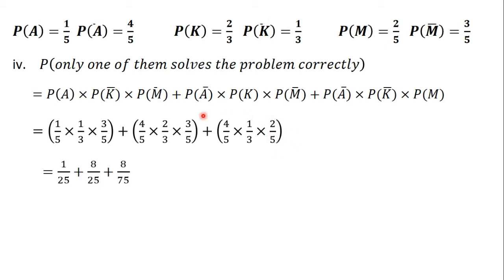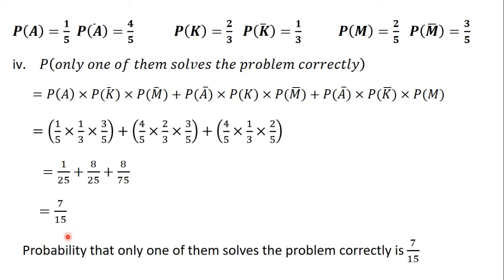When we simplify this, we are going to have 1 divided by 25 plus 8 divided by 25 plus 8 divided by 75. And this will give us 7 divided by 15. So we can say that the probability that only one of them solves the problem correctly is 7 divided by 15.